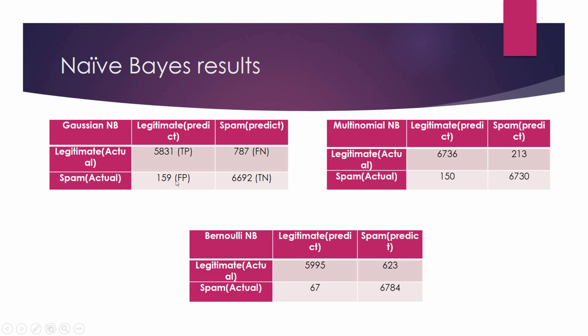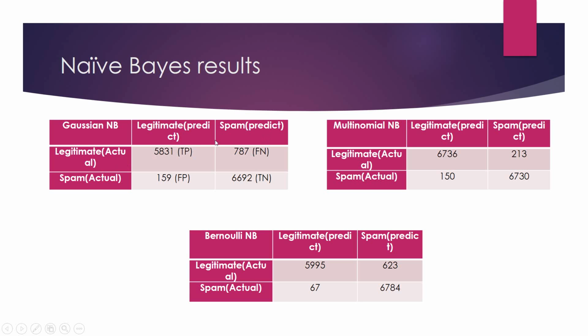These false positives are nothing but the number of spam emails which are wrongly predicted as legitimate emails. So we have to put more concentration on the number of legitimate emails which are wrongly predicted as spam, because it's a big issue: the spam filtering technique will become untrustworthy if the legitimate emails are predicted as spam and they went into the spam box.